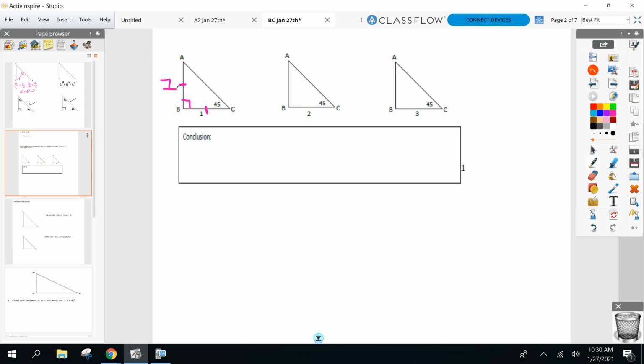Anybody got a method on how to find AC, the hypotenuse? What have we been doing all unit? Pythag, go. Simplest radical form. Find AC using Pythag in that first triangle. Shouldn't take you too long on this one.